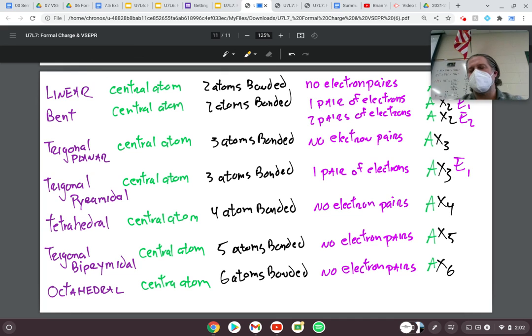Now, the truth of the matter is technically speaking, each of these particular structures has an E option available to them, even if they're not there.